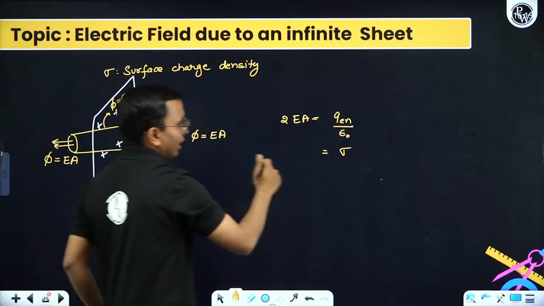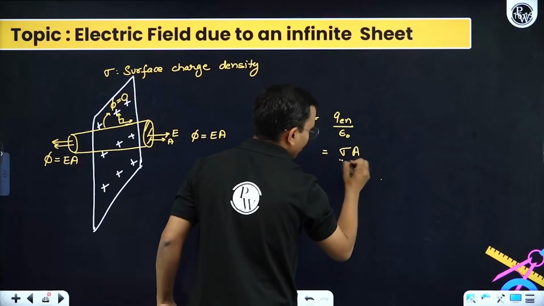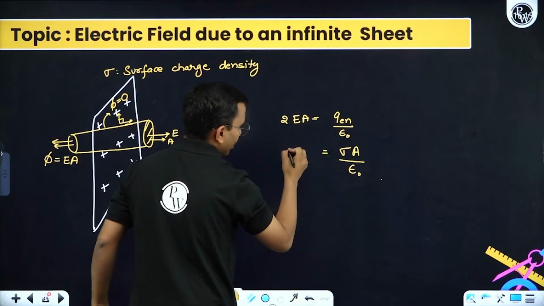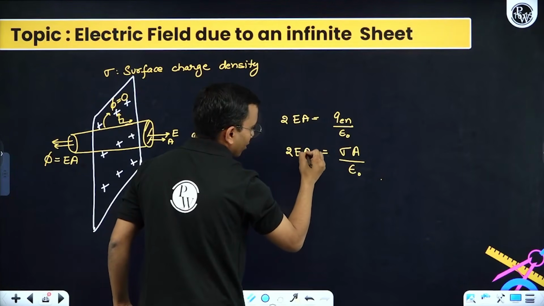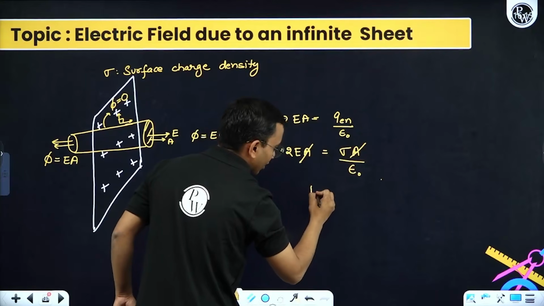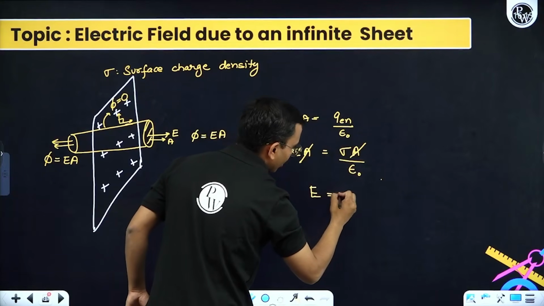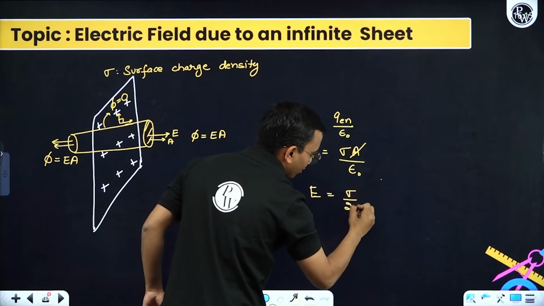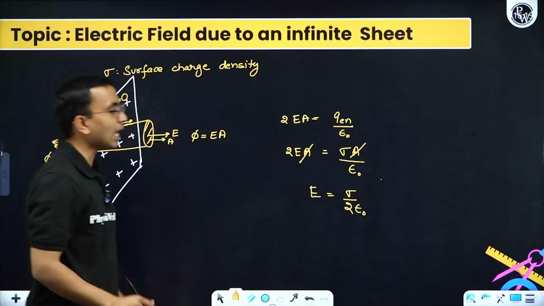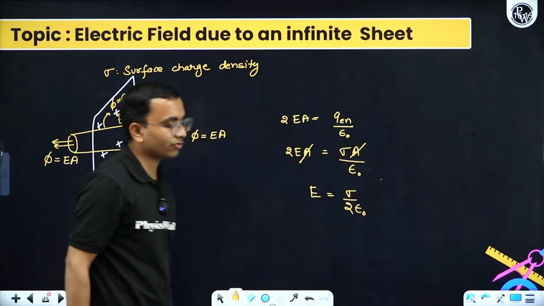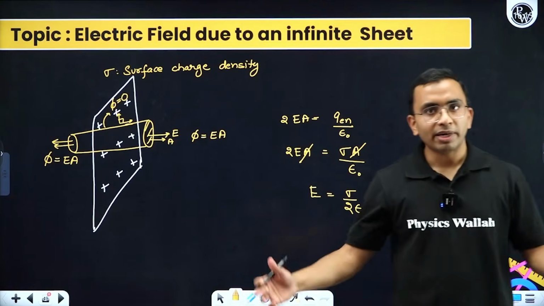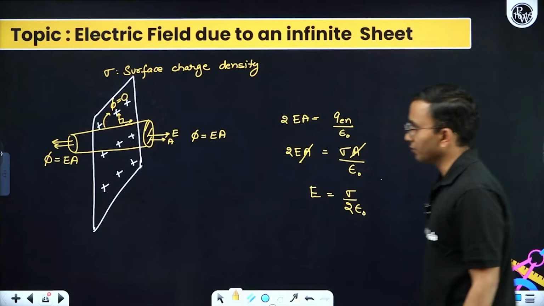So sigma into A charge is coming inside. So Q enclosed is sigma into A. A got cancelled. Electric field we are getting as sigma by 2 epsilon naught, and that is away from the sheet. We got this same formula. It is independent of the distance from the sheet.